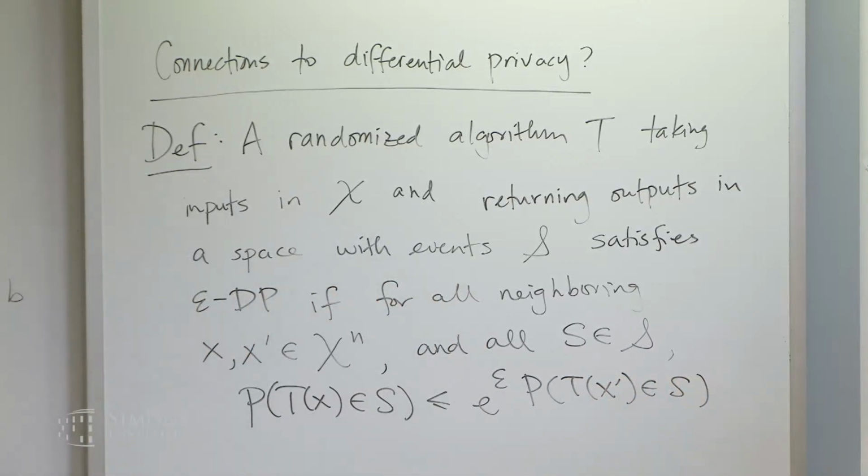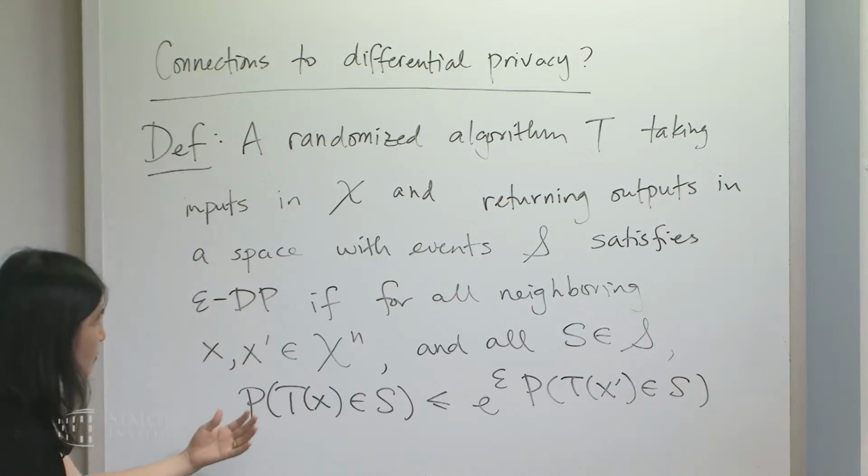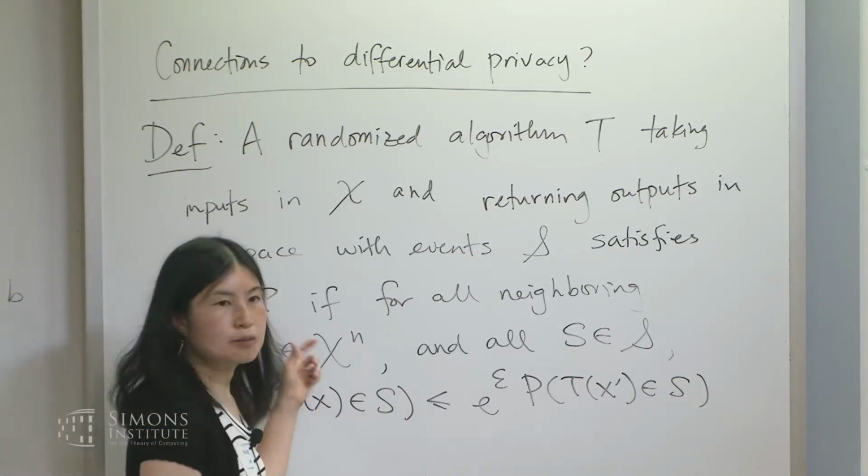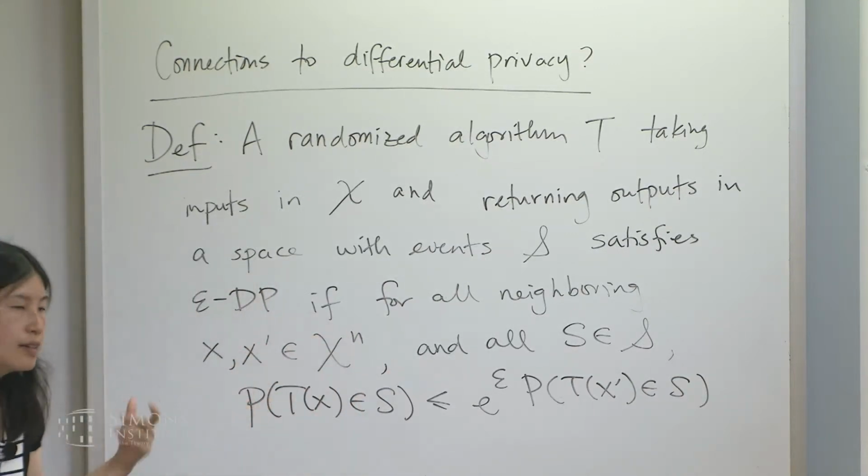It sort of says that the output of an algorithm doesn't change by too much if you perturb just one data point in your data set.